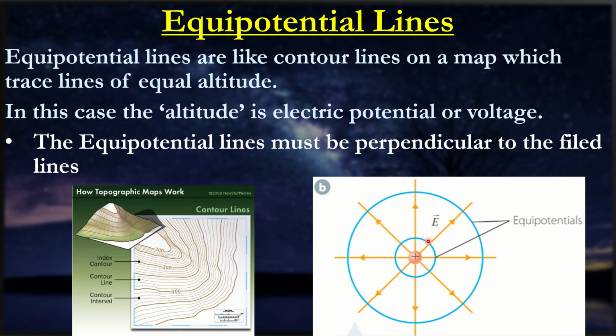In the case of a point charge, remember, the electric field moves in all directions, giving that circular form to it. Which means if I draw a circle with the same radius around the point charge, wherever I go, the electric potential should be the same.